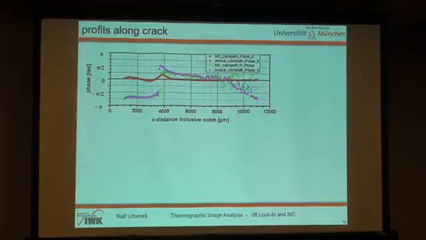And we also see a phase shift between the area where the crack is and behind the crack of nearly 180 degrees, or of pi. So that the area in the crack is in countershift to the area behind it. So we assume that the crack must be maybe there.